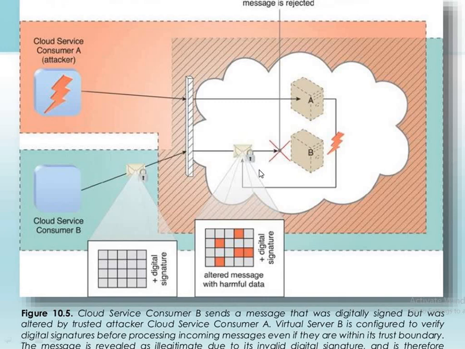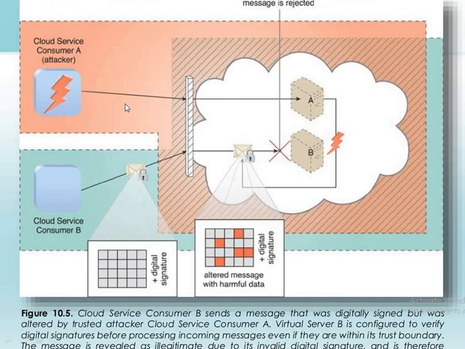Now this message along with its digital signature has been received, but before it reaches virtual server B, cloud service consumer A, which is an attacker, has somehow attacked this particular message, and the altered message now carries harmful data and has to be rejected. So here you can see that the message is being rejected.